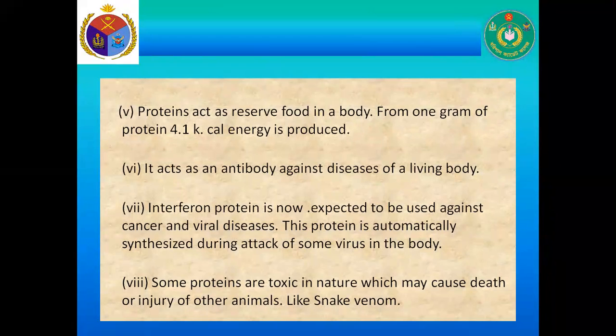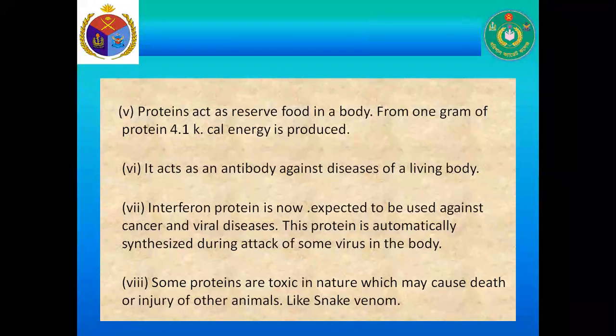From 1 gram of protein, 4.1 kilocalories of energy is produced. Number six, it acts as an antibody against disease in a living body. Number seven, interferon protein is now expected to be used against cancer and viral disease.